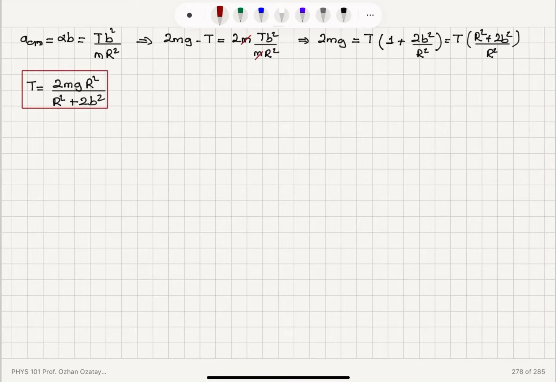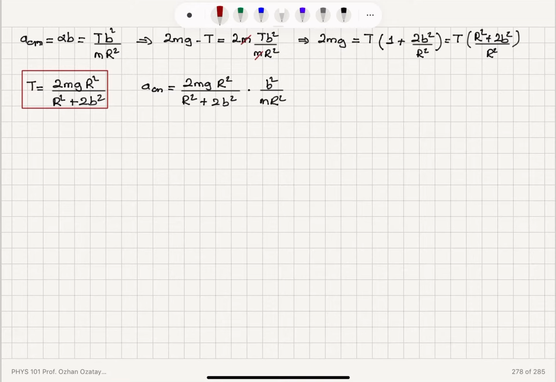And the acceleration of the center of mass then becomes, for tension we substitute this result, 2mg capital R squared divided by capital R squared plus 2b squared, multiplied with b squared divided by m capital R squared. That's our result we have obtained here.